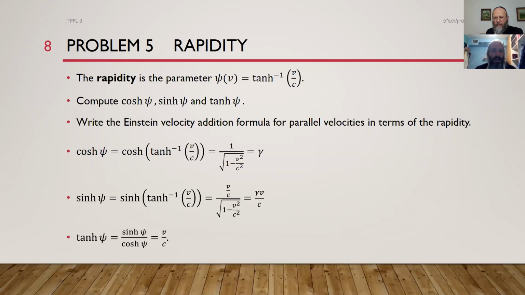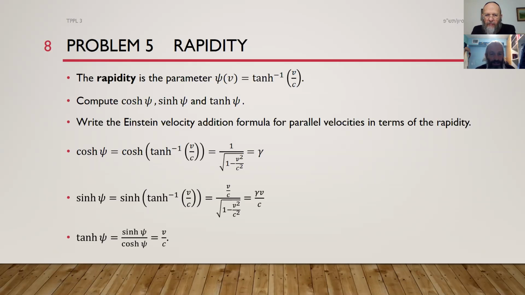So the hyperbolic cosine of an inverse hyperbolic tangent is given by this formula, which is exactly gamma. And the hyperbolic sine of the inverse hyperbolic tangent is v over c over this square root. Straightforward formula for computing these things.